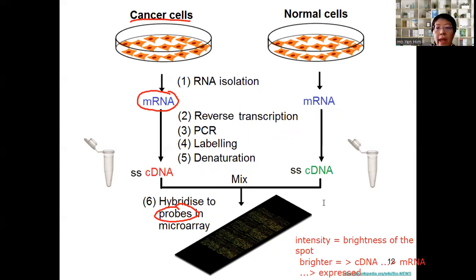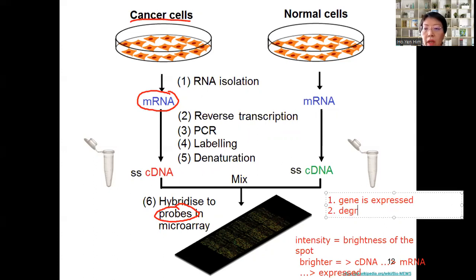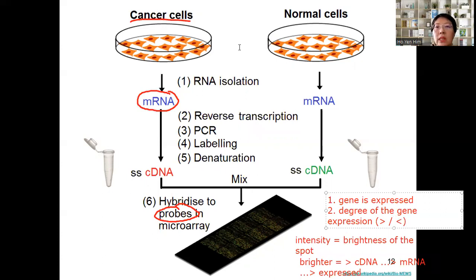So therefore, we can know, number one, whether the gene is expressed or not, and number two, the degree of the gene expression, meaning higher or lower, more or less. So these are the two pieces of information we can get from this procedure.